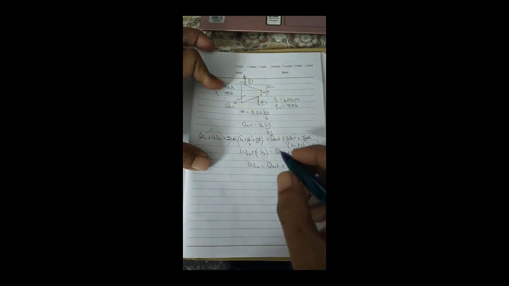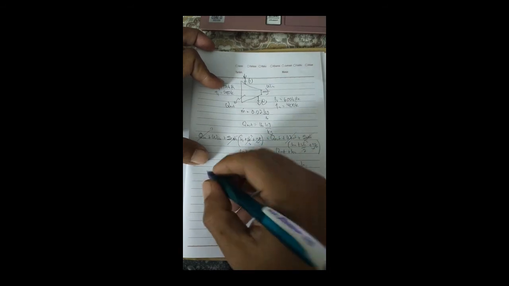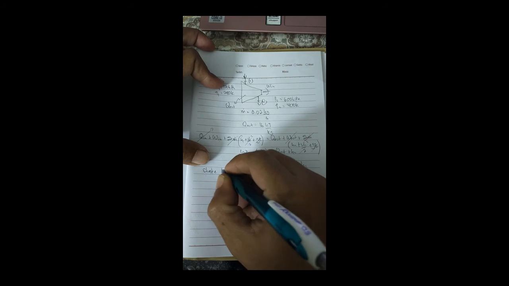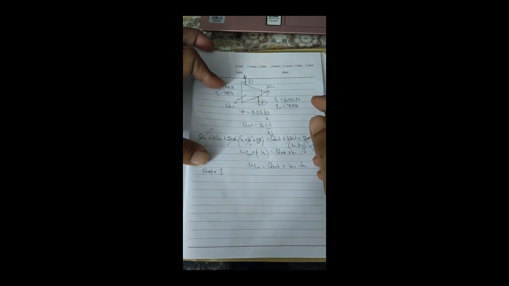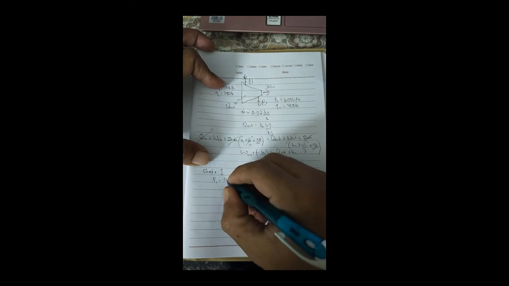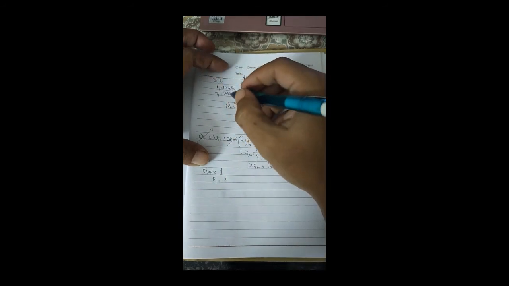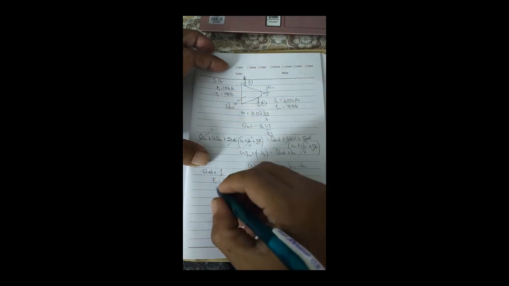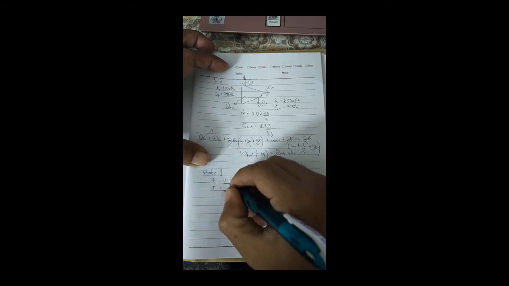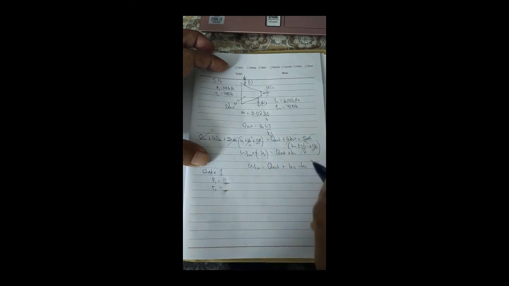Alright, so first state 1. We are dealing with air. So P1 is 100 kPa, T1 is 280 Kelvin. So P and T are given. We need to determine the enthalpy 1.